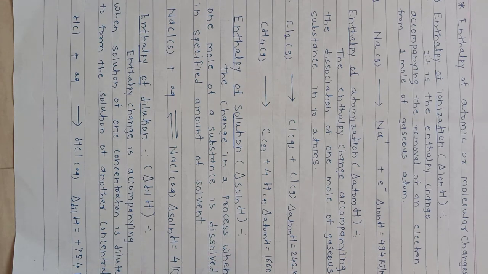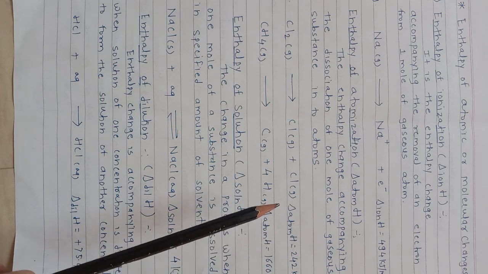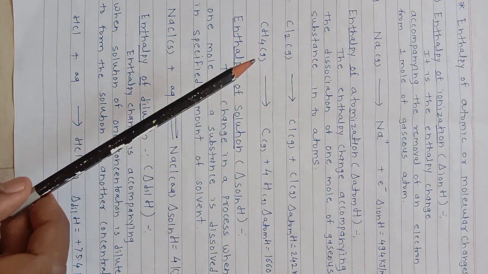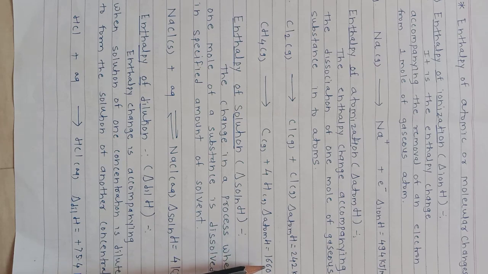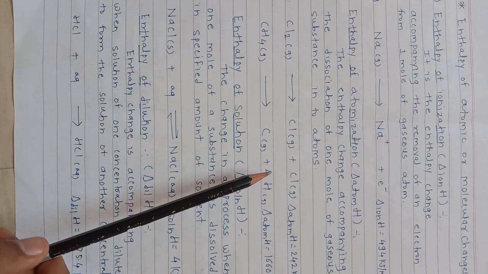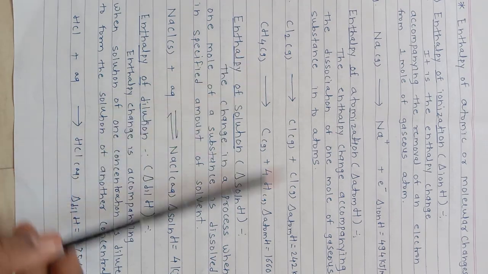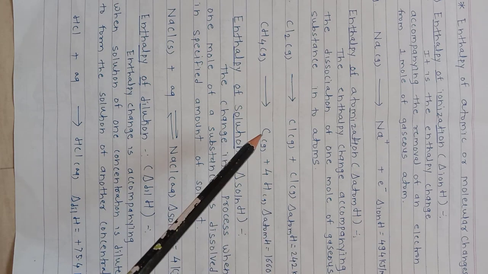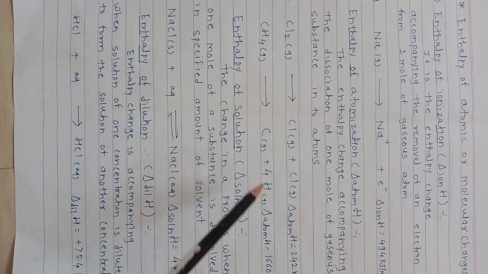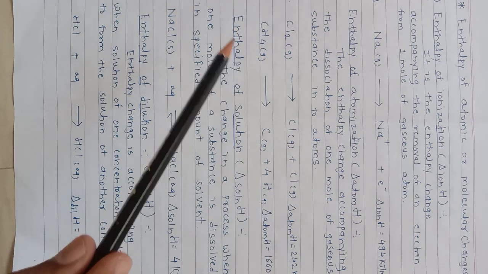1660 kilojoule per mole change in enthalpy. That means for four hydrogens, the 1660 divided by 4, that is 440, is the average energy for one hydrogen to be separated from CH4.